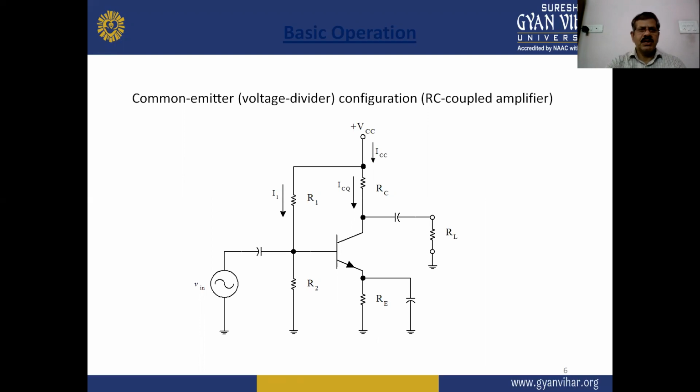The basic operation of the amplifier: the common emitter voltage divider configuration of an RC coupled amplifier is given here in this circuit diagram. So this is the RC coupled amplifier, common emitter or voltage divider configuration.